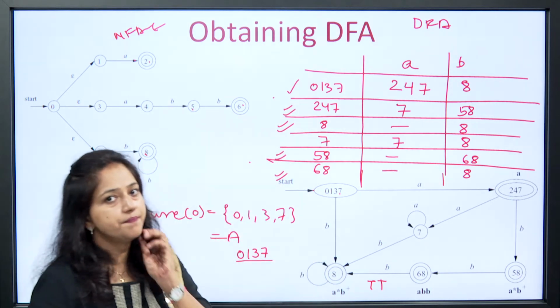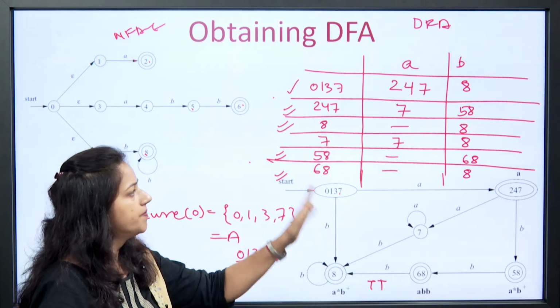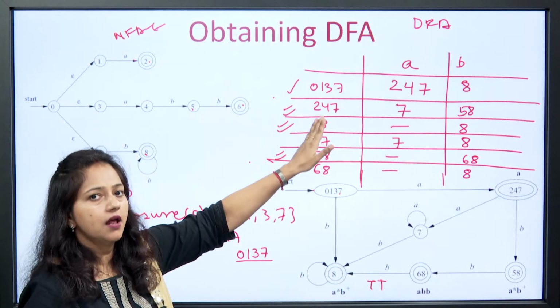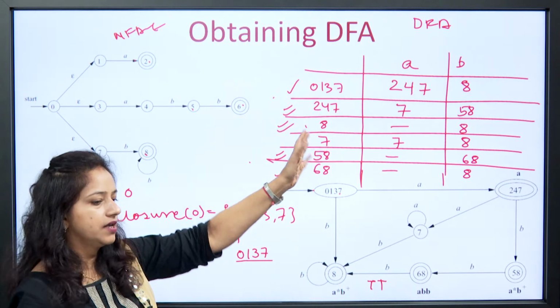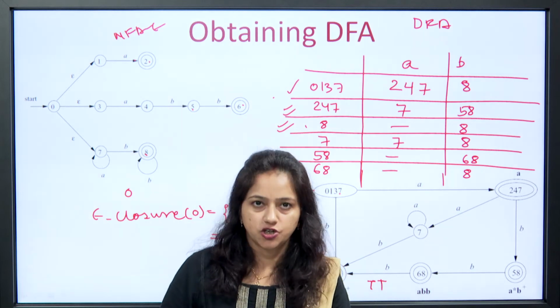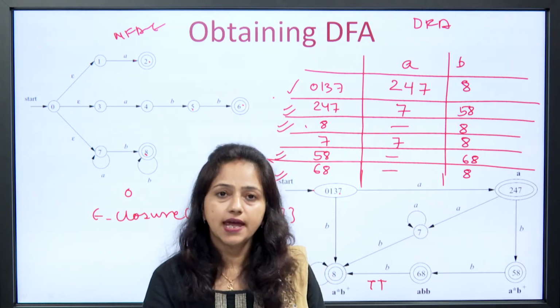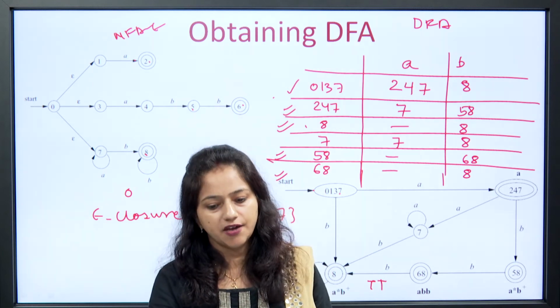One step that I missed over here is the minimization of the DFA. So, here we minimize this obtained DFA and then we go ahead. Once we get it, we will do the minimization also. Here I am skipping this step. So, finally, we will obtain the DFA.